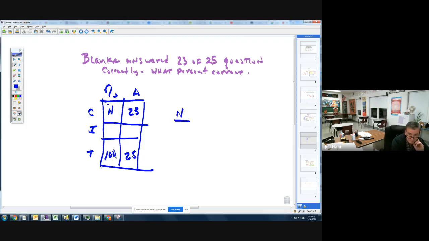You make the n over 100. You don't need the incorrect. It doesn't ask us anything about the incorrect. That equals 23 over 25. And then quite simply, to go from 25 to 100, you multiply by 4. So if you multiply 23 by 4, you are going to get 92, and that's your percent. 92%.